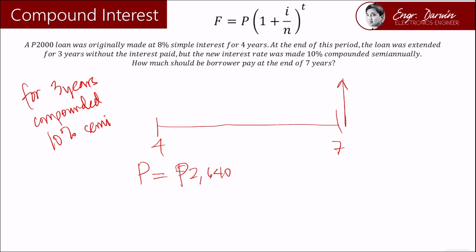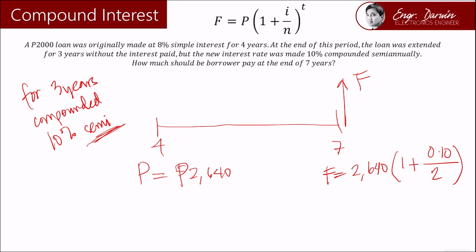The future amount is unknown, and you have this detail of 10% semi-annually. So if you have this information ready, we can simply find the future amount after 7 years by multiplying the principal amount, then 1 plus interest rate is 10%, so it's 0.10. The compounding factor for the word semi, it's 2 times per year, so times 2.